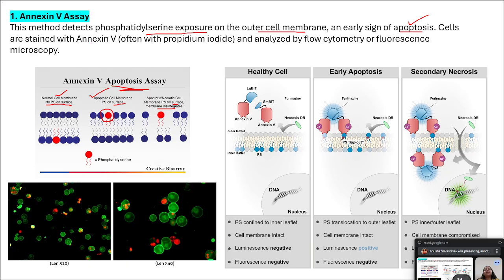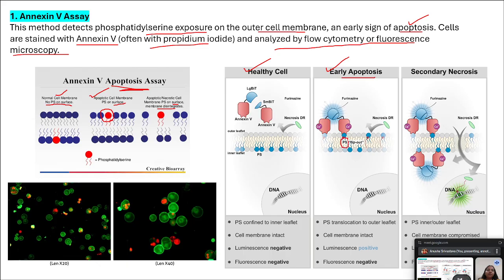Cells are stained with annexin V, often with propidium iodide, and analyzed by flow cytometry or fluorescence microscopy. So this is a healthy cell, and this is an early apoptotic cell. The phosphatidylserine moiety that is present on the inside in a normal cell membrane flips out during early apoptosis.